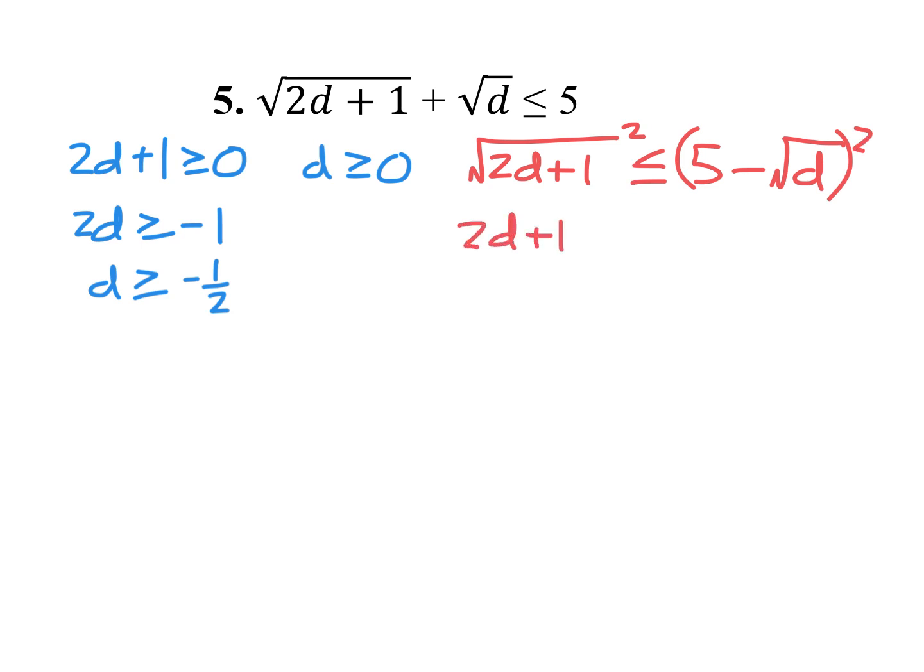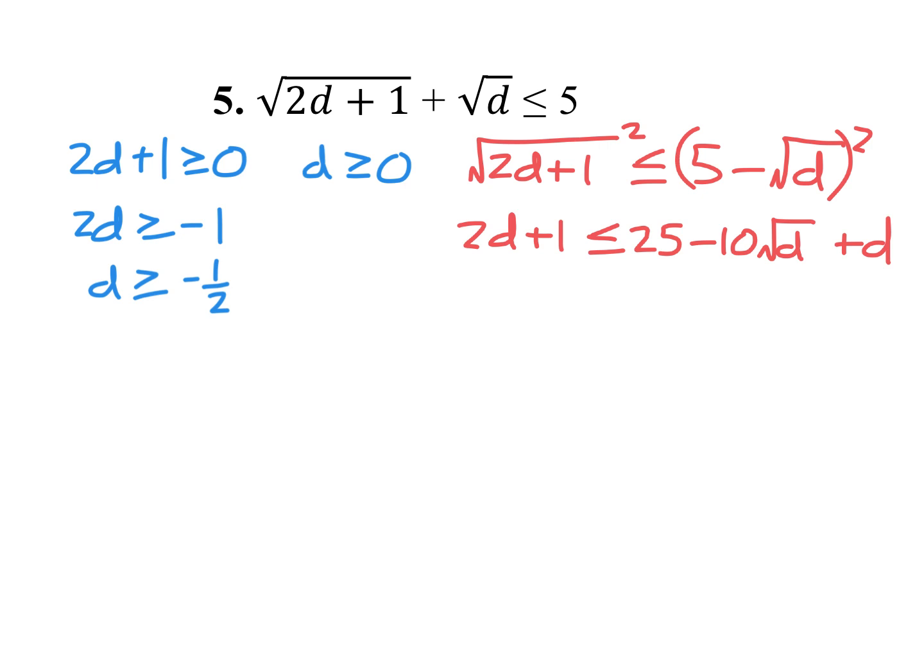I get 2d plus 1 on the left, and I have to FOIL here. So I get 25 minus 5 rad d, and then minus 5 rad d again makes minus 10 rad d, and then negative rad d times negative rad d is plus d.